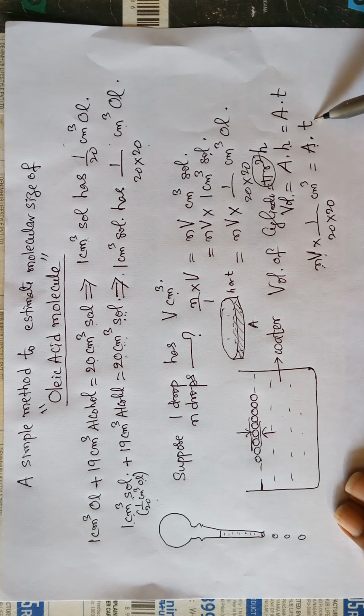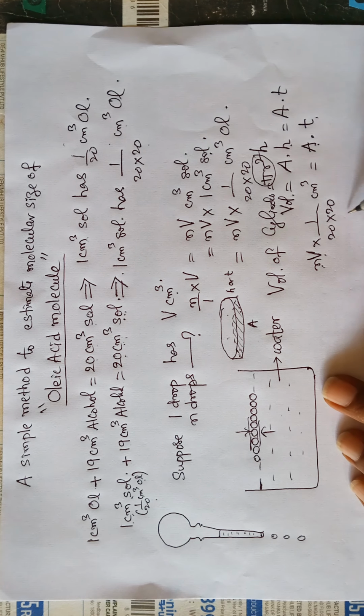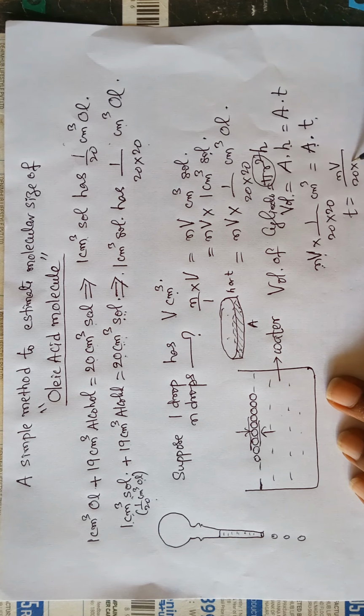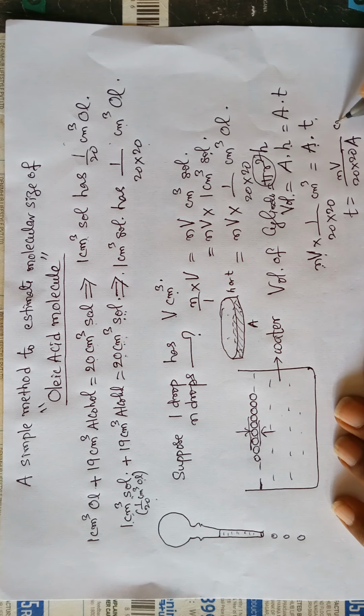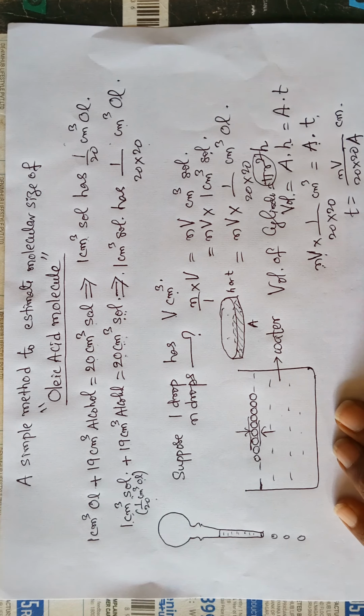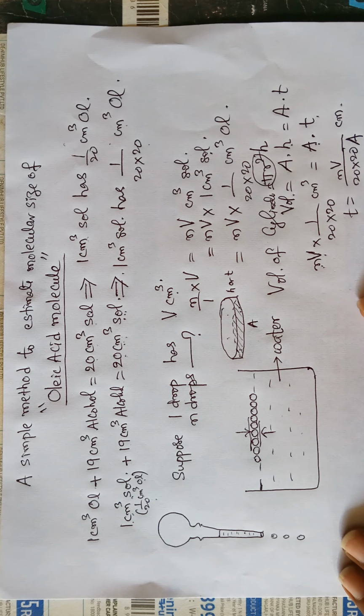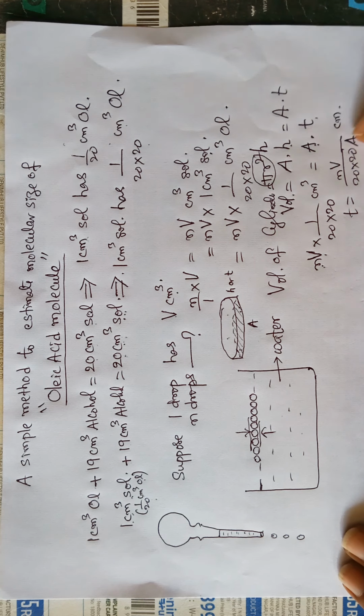And that t value is nothing but, let me write, t is equal to N V by 20 into 20 A. This A taken this side, capital A. So all the values are taken in centimeter, therefore thickness also will be in centimeter. So you will get the diameter of the oleic acid molecule by substituting the values.